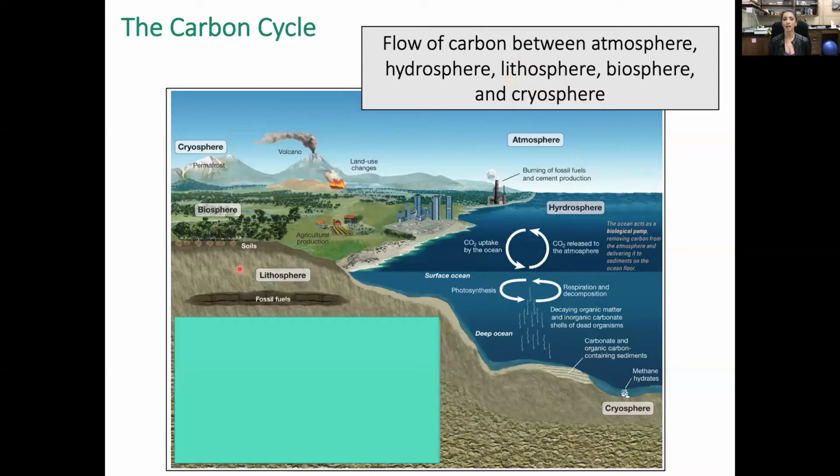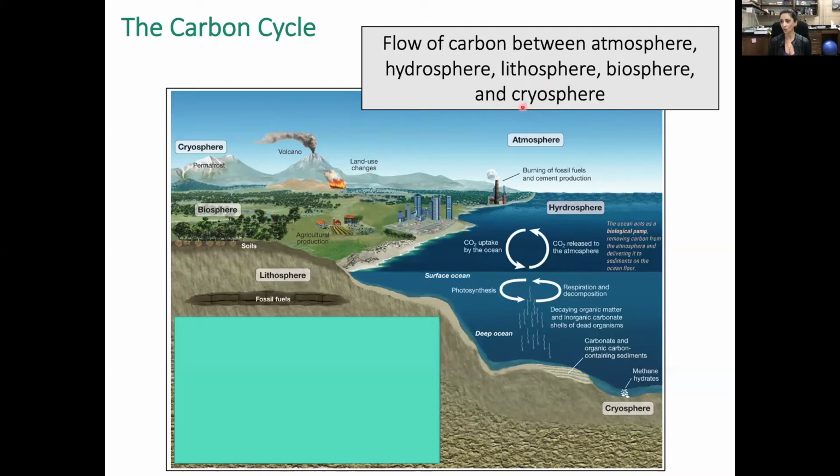That is the lithosphere. Next, we have the biosphere. That is anything that is living. So you and me, we are components of the biosphere, but so are trees, things involved in agriculture, and also wild plants and animals. And next, finally, something that doesn't get nearly as much attention as it deserves is the cryosphere.